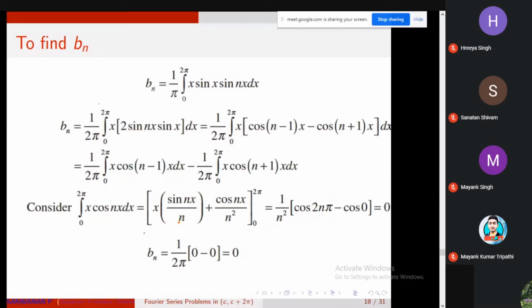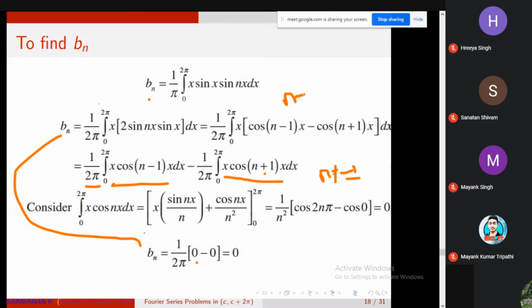Therefore the value of bn is given by 1 divided by 2 pi. This integral value is 0 and this integral value is also 0, but this is not true for n plus 1 equal to 0, that is n not equal to minus 1. But we don't bother about the negative value, because in bn, n varies from 1, 2, 3 etc. There is no minus 1.